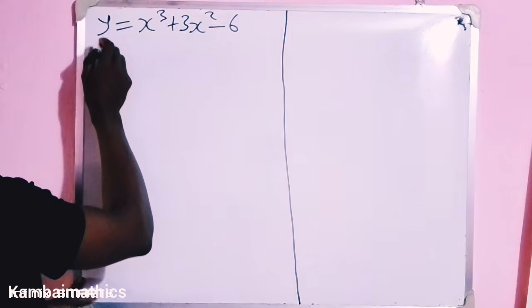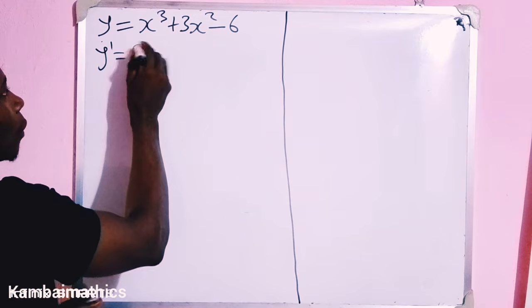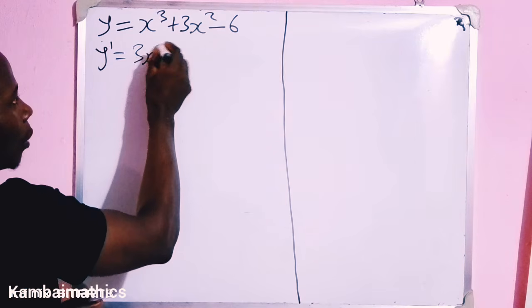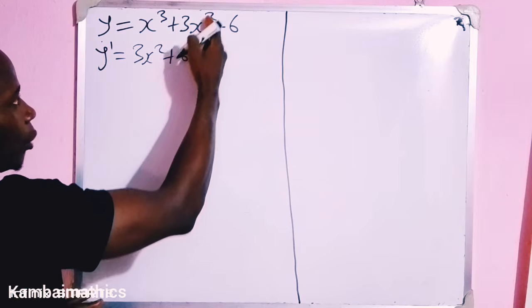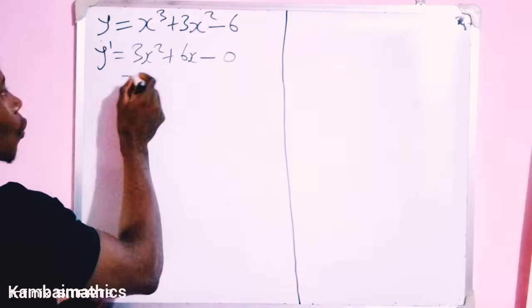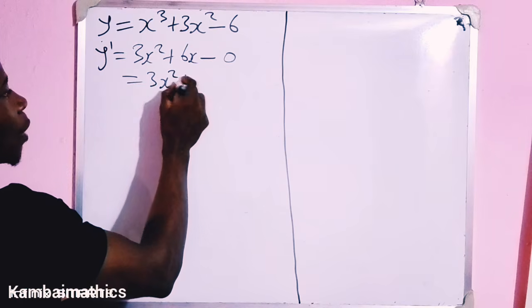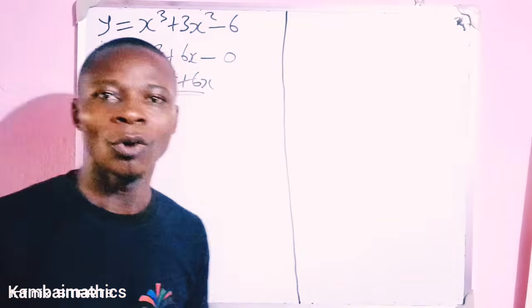So here y prime is equal to, you bring this one down, this is 3x, you reduce it by 1, this is 2, and then plus, you bring this one down, this is 6x, and then you reduce it by 1, then minus, when you differentiate the constant it is 0. So our answer is 3x squared plus 6x. So that's how you actually manipulate when it comes to the general form.